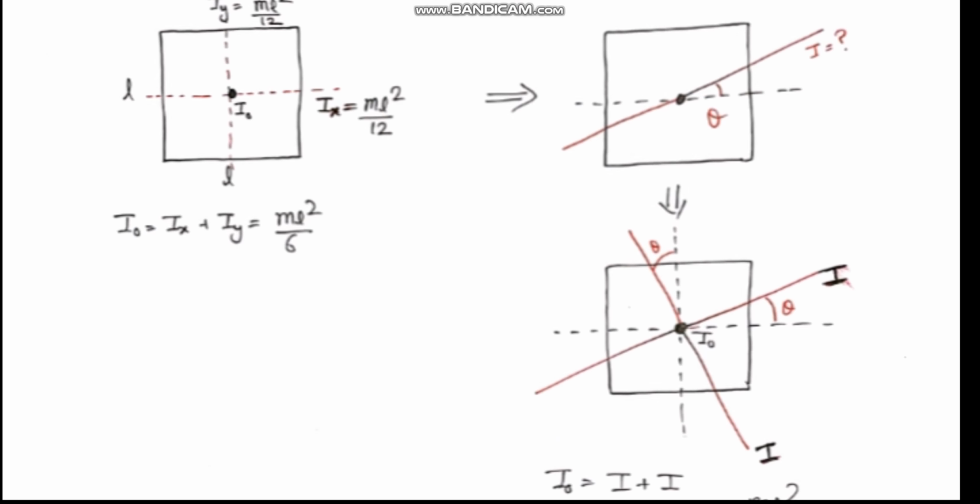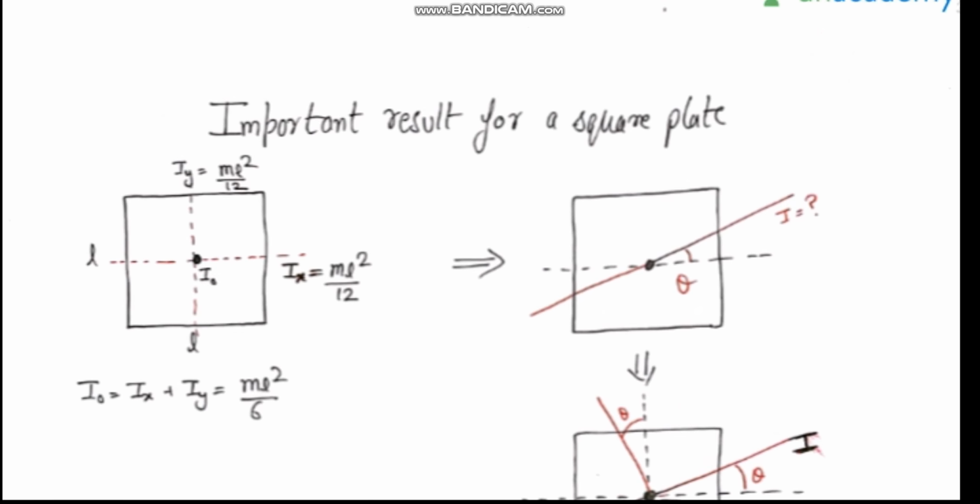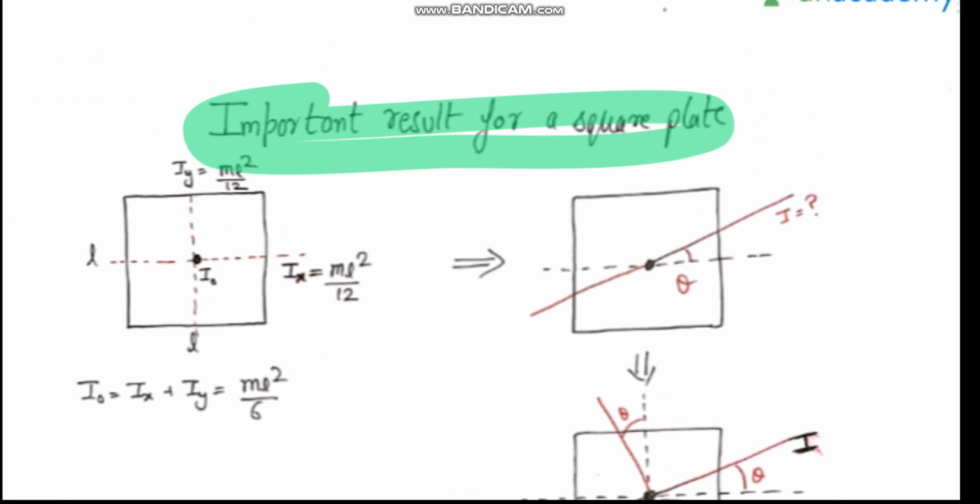Now we talk about a very important result for a square plate. Suppose we are given a square plate, and we want to find the moment of inertia about an axis through its center lying in the plane of the plate, but it makes an angle theta with this. About this axis we already know the moment of inertia.